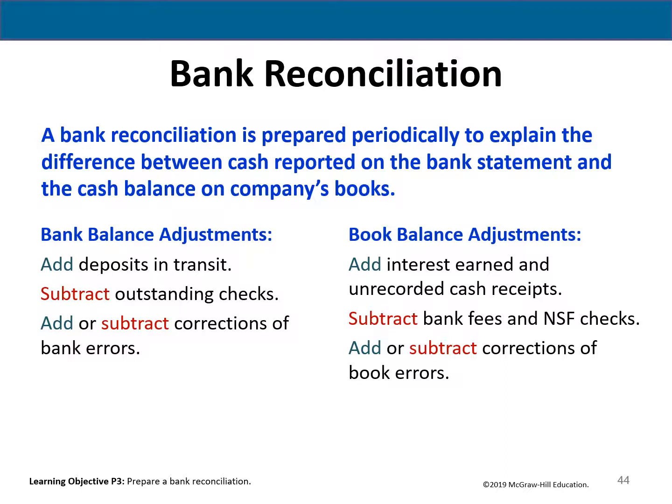Maybe they wrote out checks or made a deposit, but the bank doesn't have them yet on their record because they just didn't know about them yet. So there could be missing items from each side. So a bank reconciliation is prepared to find these missing items, whether they're missing from the bank statement or they're missing from our checkbook, add and subtract those items as if they weren't missing, and see if we can get the balances to agree.